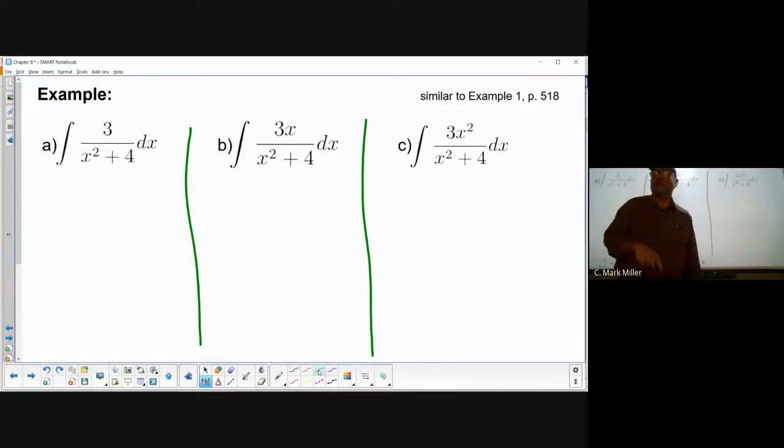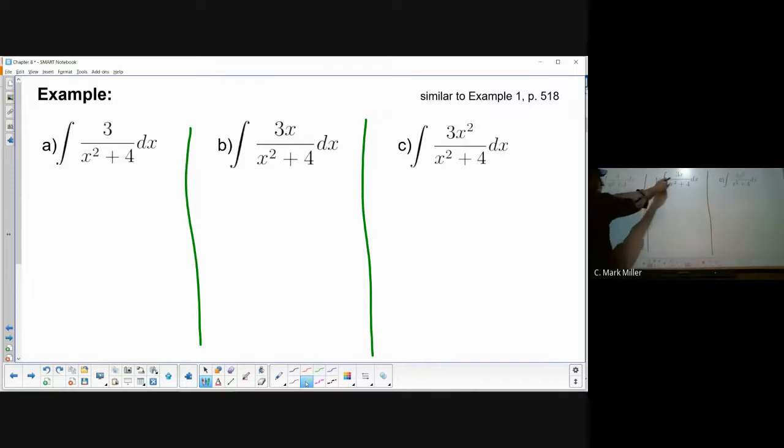You got what's on page 518 to go through, and that has comments and everything. And then here we have this that we're going to work out. What's the difference between these three integrals? The numerator. There's just a 3 here, a 3x here, 3x squared.